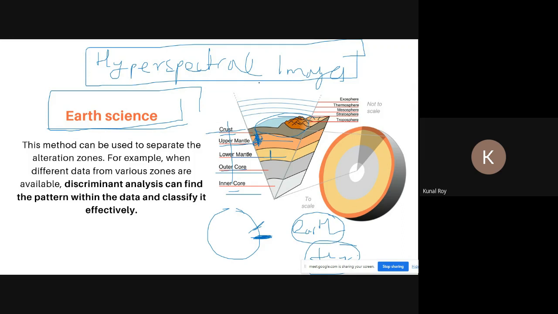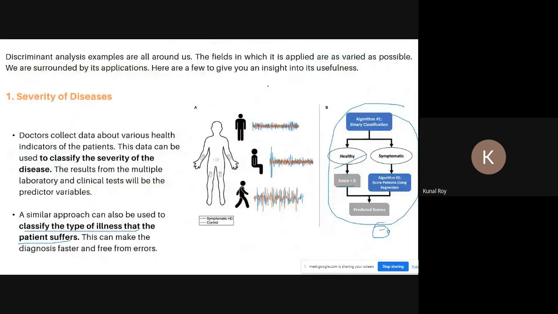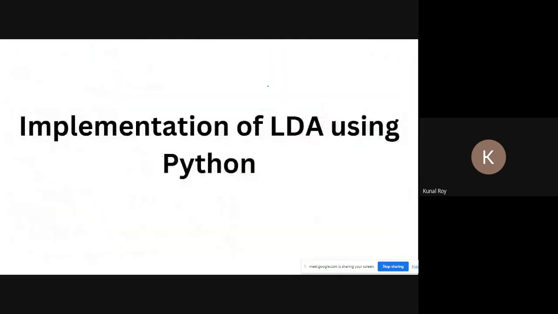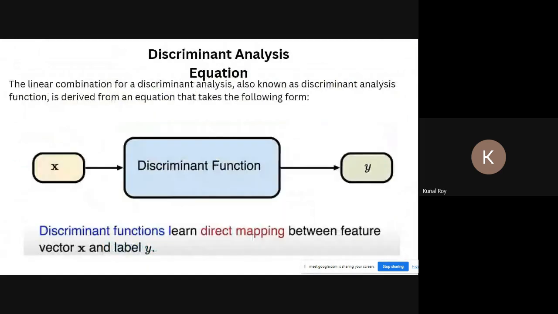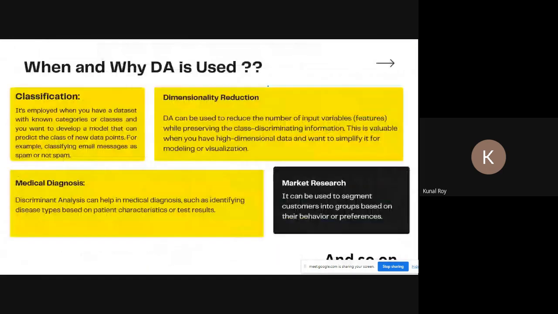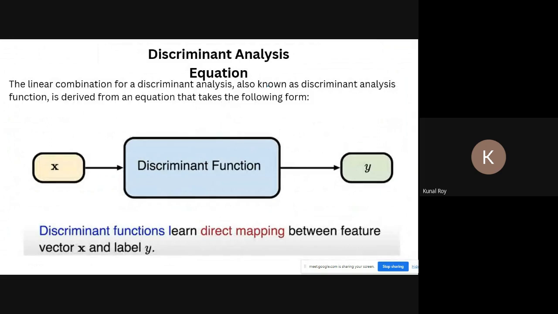Basically, these are known as hyperspectral images, or assumptions of hyperspectral videos. Up to this point, we know the details regarding linear discriminant analysis: the mathematical preliminaries behind it, the steps involved, how LDA is used and in which data sets.